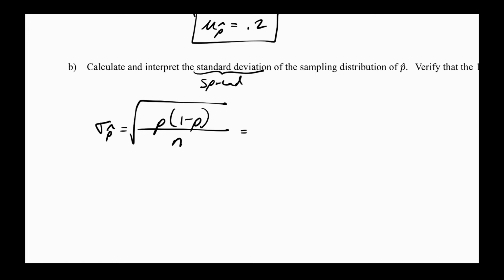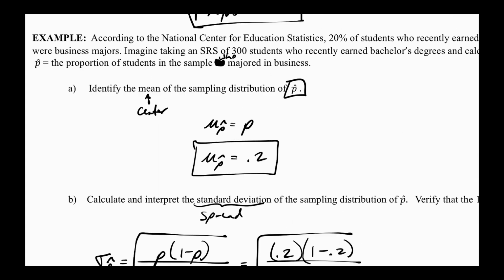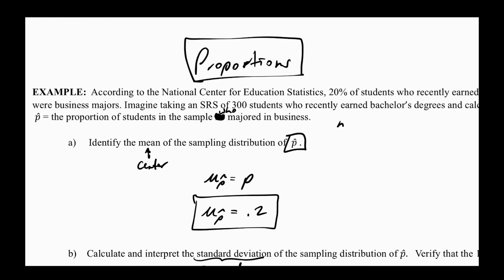What's P in this case? What's the true parameter, the true proportion of students? It's 0.2. 1 minus P over N. What's N? 300. They took a sample of 300, it says right there.